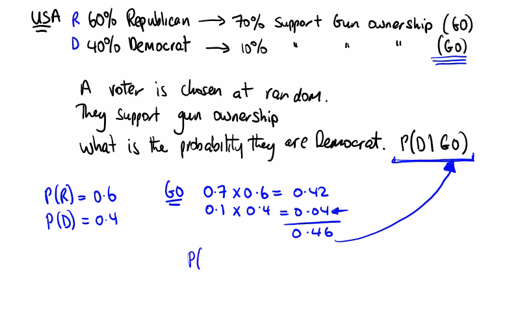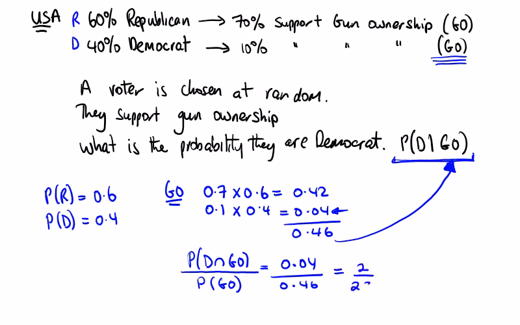So the probability of D intersection gun ownership divided by the probability of gun ownership is equal to 0.04 divided by 0.46, which looks to be, if you divide both of them by 2, multiply by 10, 2 over 23. Now, go to your books, practice some of these questions, and hopefully you understand probability.